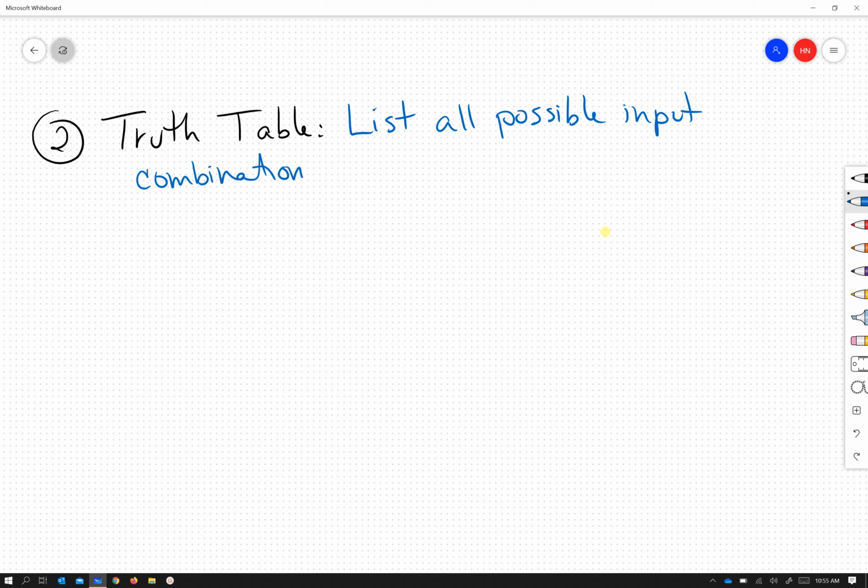In order. That's very important because if you put them out of order, it's not only difficult to find if you got all of them, but you may get them confused. So list all the possible combinations in order and the desired output for each.